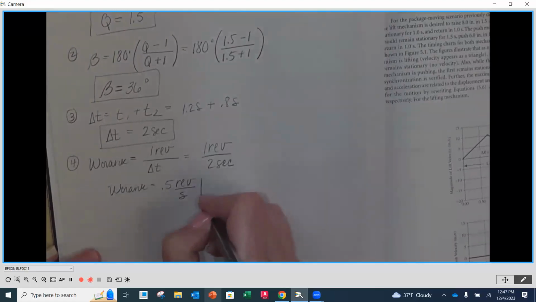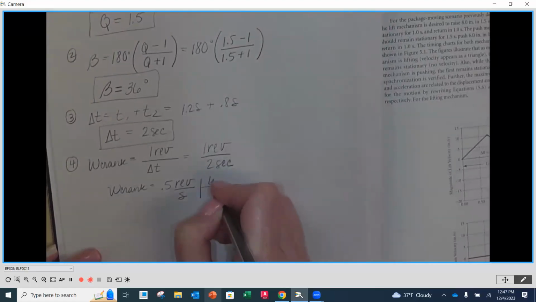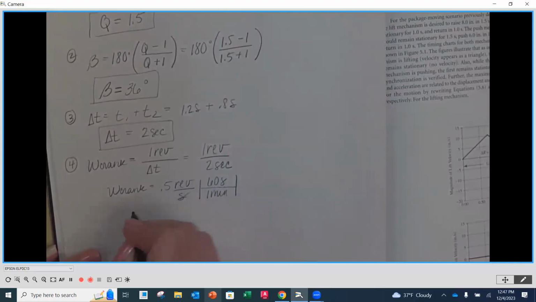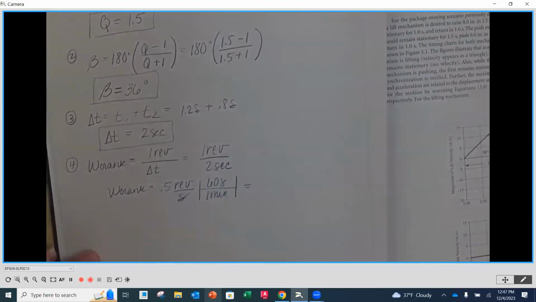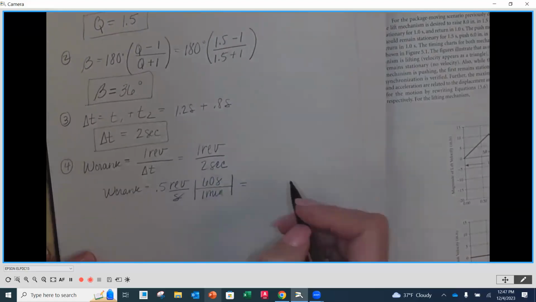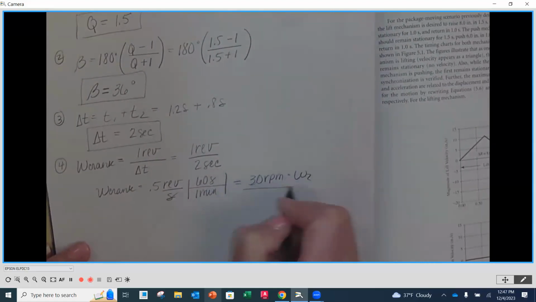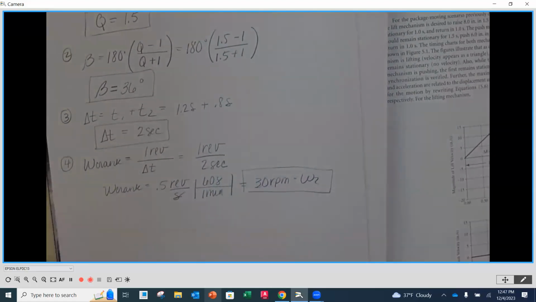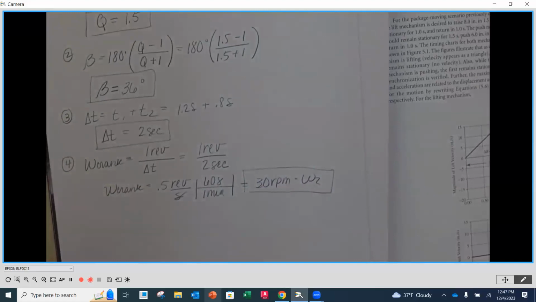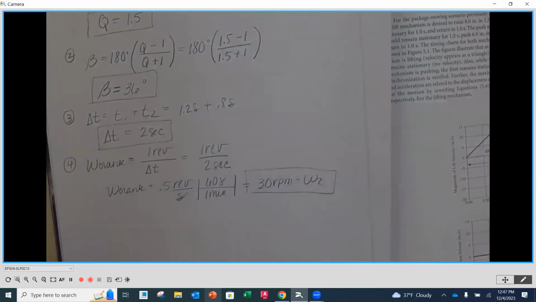And so we simply do a conversion where we say that 60 seconds is equal to 1 minute. Seconds cancel. So this is also equal to 30 RPM, which is W2. If you're looking for the angular velocity of your crank, you'll get it first in revolutions per second, but then convert it to RPM, or revolutions per minute, for your final answer.